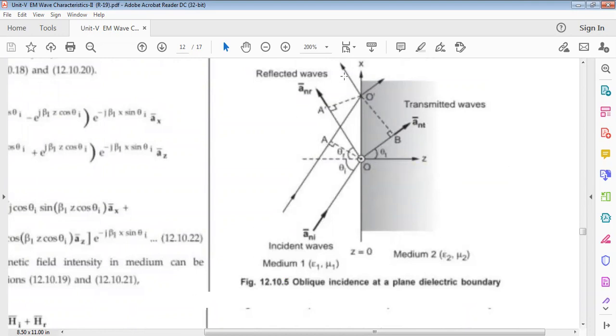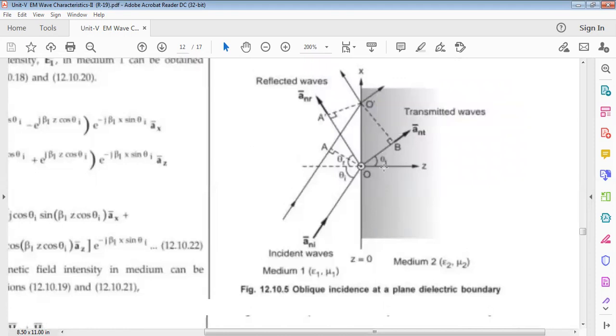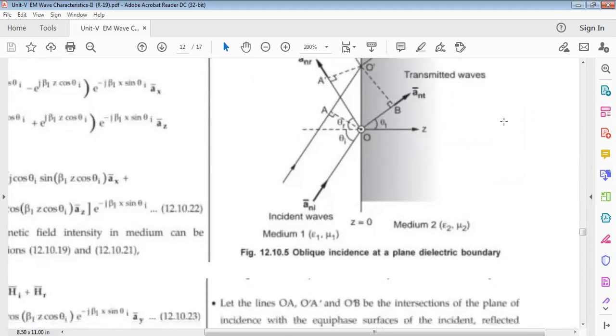Already we know ANI bar, ANT bar, and ANR bar. And draw perpendicular lines from the point O' to A', and from O to A, and O' to B. All the dotted lines are shown here.